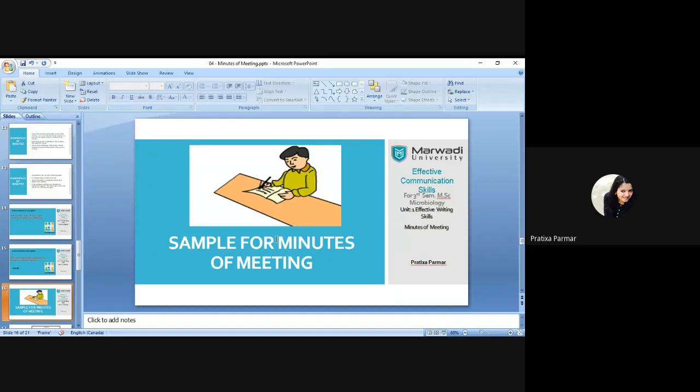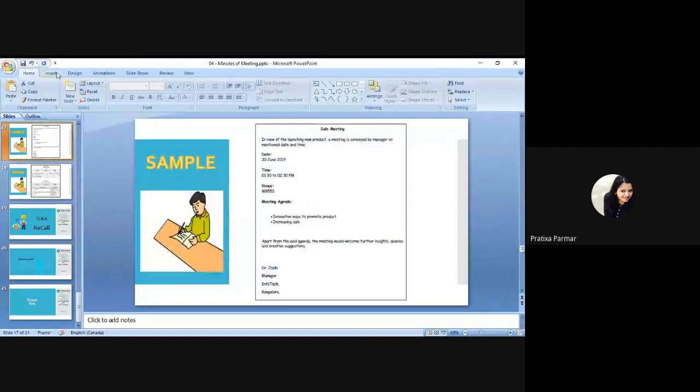Okay, now here is a sample for minutes of the meeting. I want you to have a look at the sample carefully. I hope you are able to access the screen properly. Is this page visible to all clearly? Can you zoom out more, ma'am? Sure, I will do that.